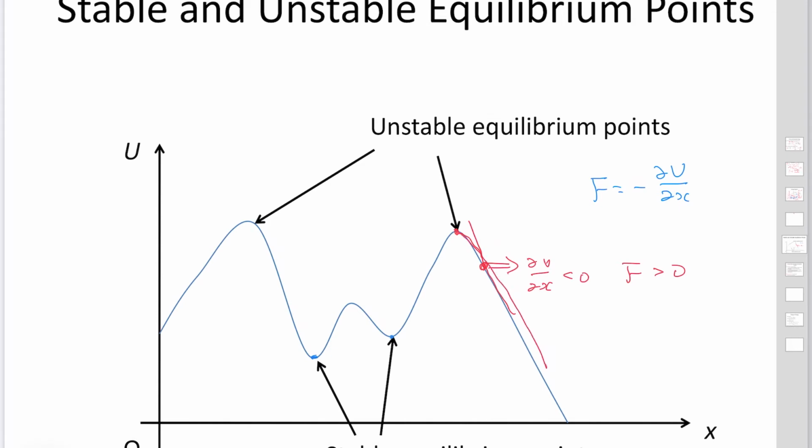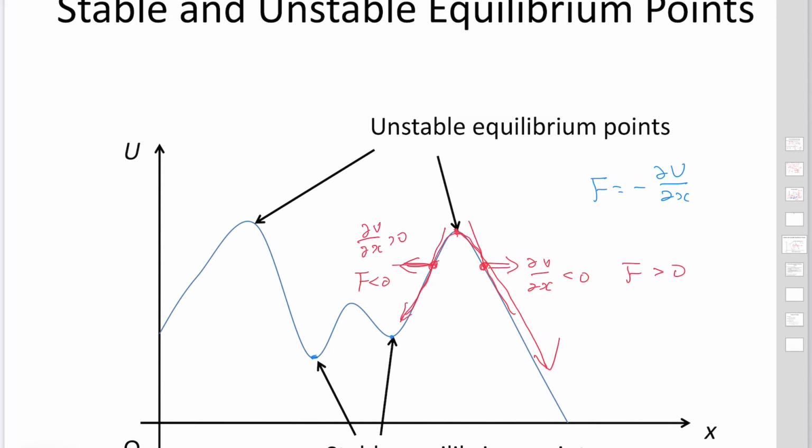It's moving away here. If the particle is coming to this position, the slope of the tangent line, ∂U/∂x, is positive. So the force is negative, and this is the direction of the force. Then the particle is moving away from the equilibrium point.